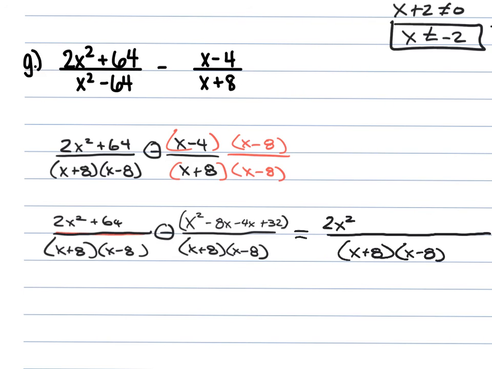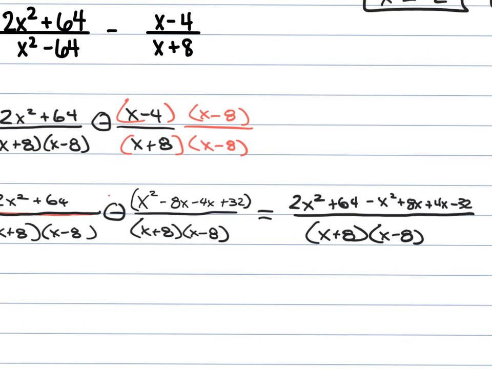So 2x squared plus 64 minus x squared plus 8x, I'm just going through and distributing, plus 4x minus 32. All I did was this. Like that.